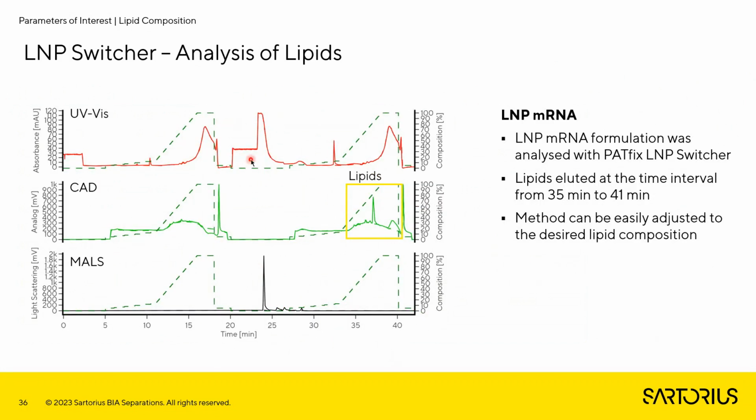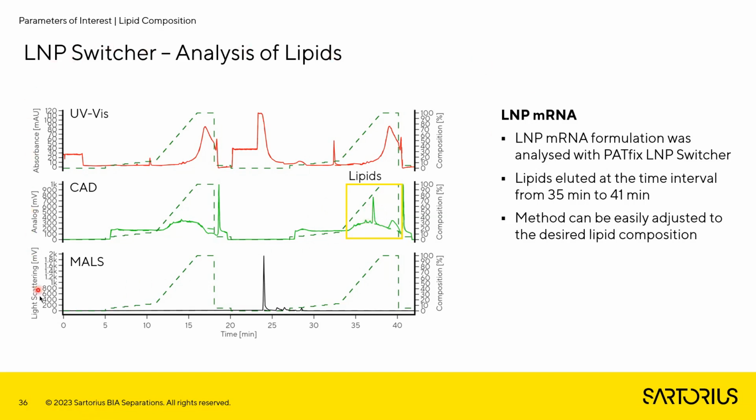So here is the example chromatogram where the charged aerosol detector was also used. We can see that lipids are eluting here from 35 minutes to 41 minutes. And as I already said, this method can be easily adjusted to the desired lipid composition.